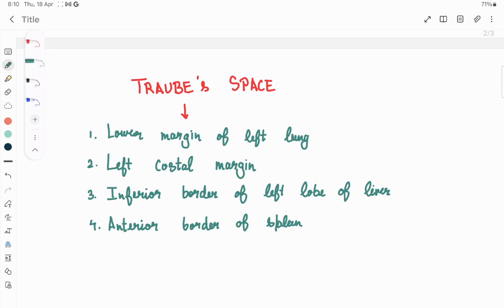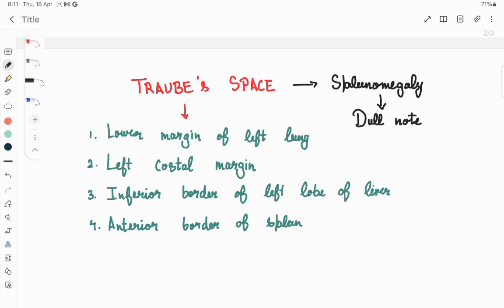Basically, we have to know that this Traube space lies above the left upper margin of the stomach, and its clinical importance is in assessing for splenomegaly. Normally there is a resonant note over it, and in splenomegaly there is a dull note over this area, which can be due to other reasons such as a mass as well.